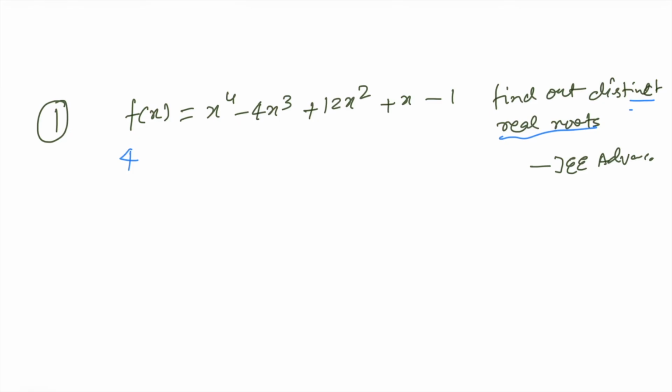For four roots, some combinations could be, let's say, one real root and three complex roots, or three and one, or zero and four, or four and zero. These could be combinations, but we need to find what the pattern is. So we could see that for this function, if we put x as 0, the function has a value of minus 1.